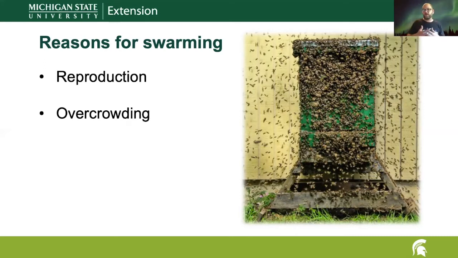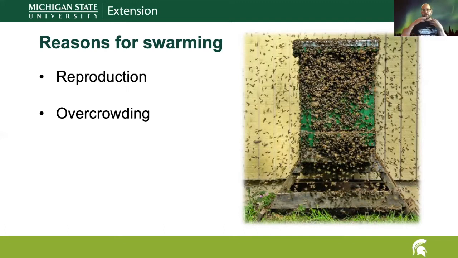A colony that is overcrowded has a lot of stress on it, and it's trying to relieve that stress factor. So that's one of the survival strategies utilized to do that, swarming due to overcrowding.